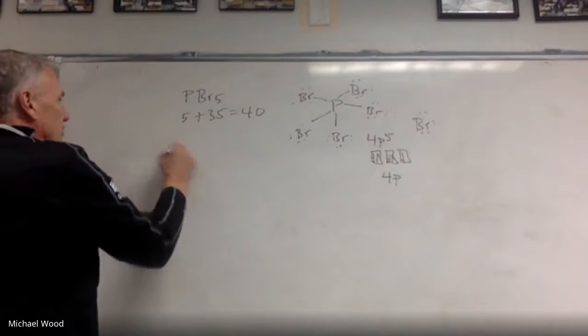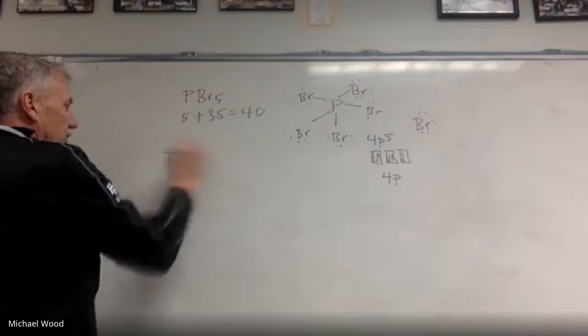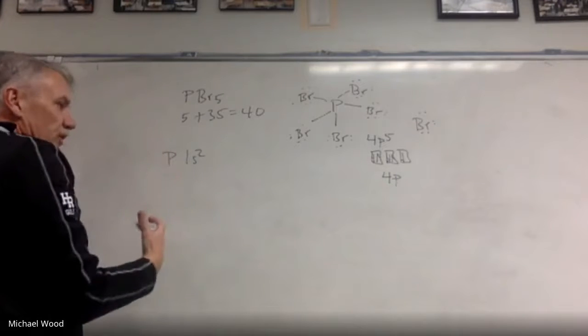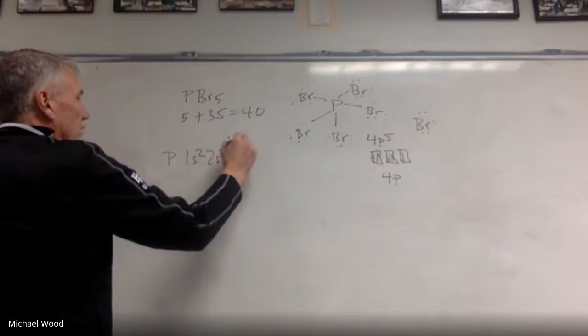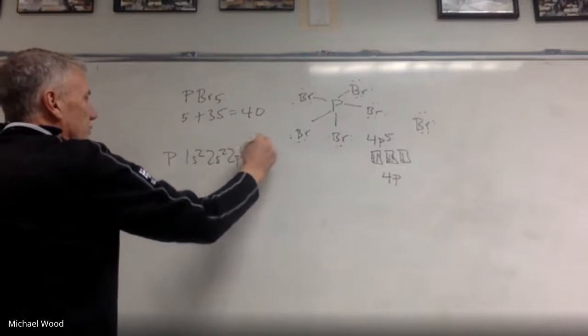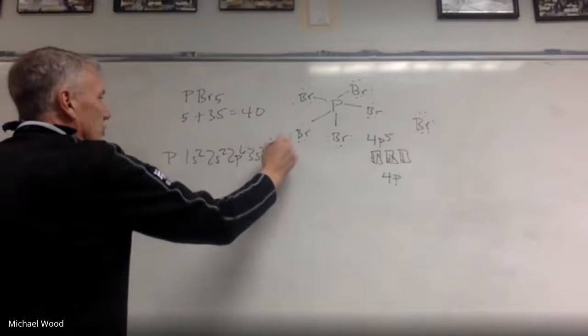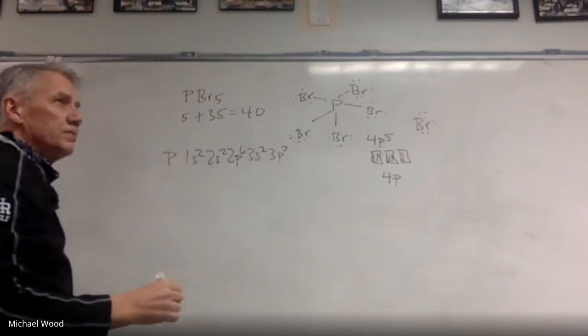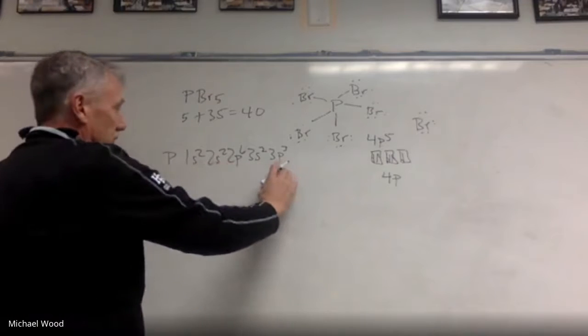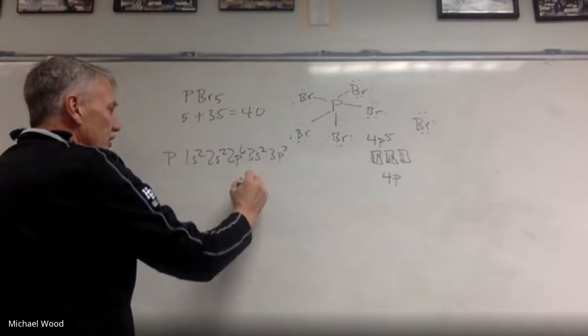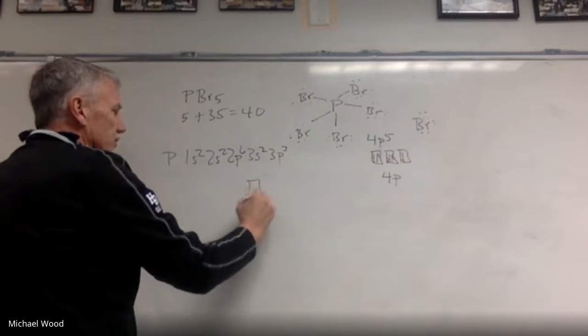So phosphorus, again, its electron configuration. So I'm going back to the electron configuration, the orbital diagram, 1s2, 2s2, 2p6, 3s2, 3p3. So if I look at just the outermost energy level, so here's the 3s.